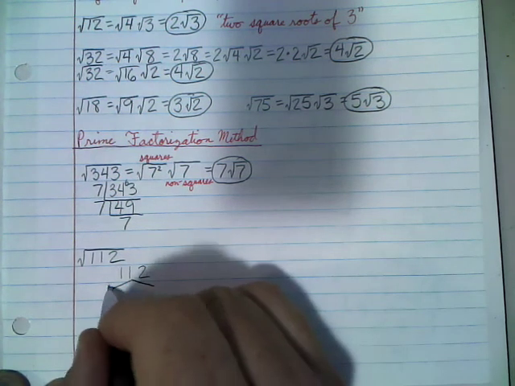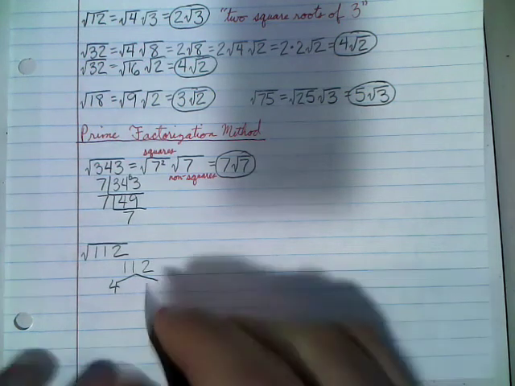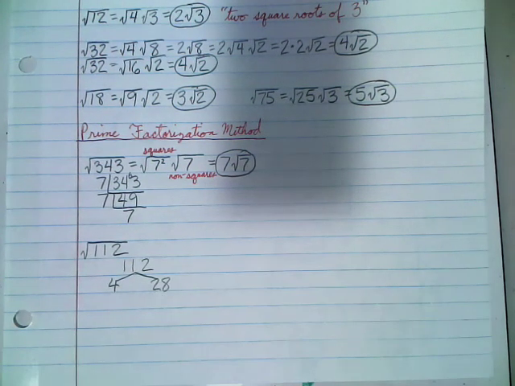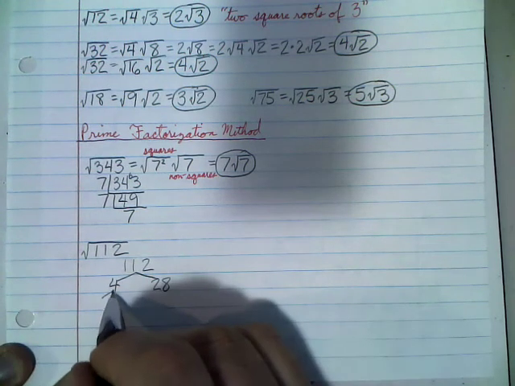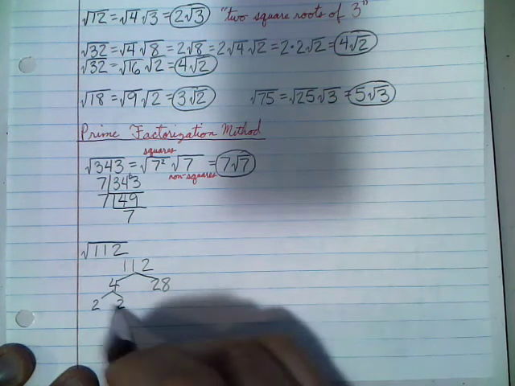So put it together, 4 must go into the combined amount. Well, 4 goes into 100 25 times. 4 goes into 12 3 times, and if I put that 25 together with that 3, this must be 4 times 28. From here, 4 is going to split up into 2 times 2. Those are prime, so that's done.